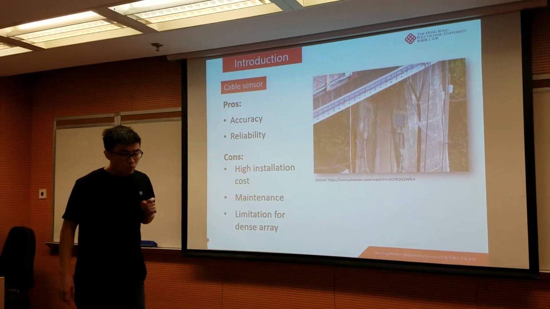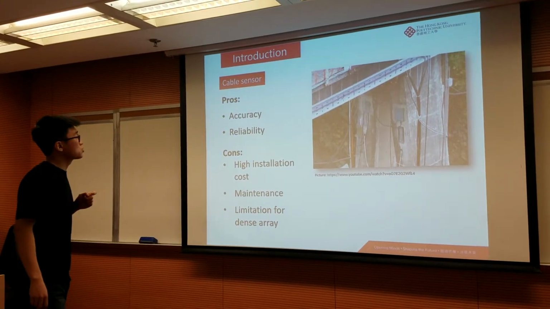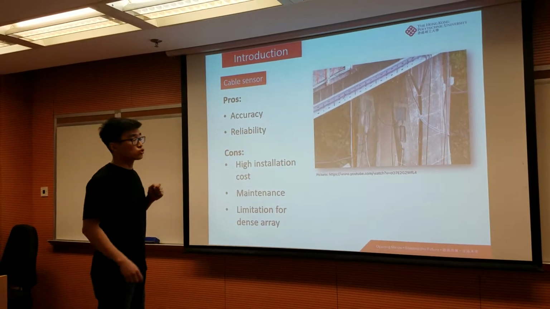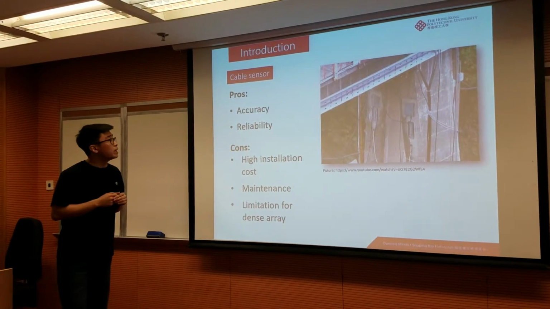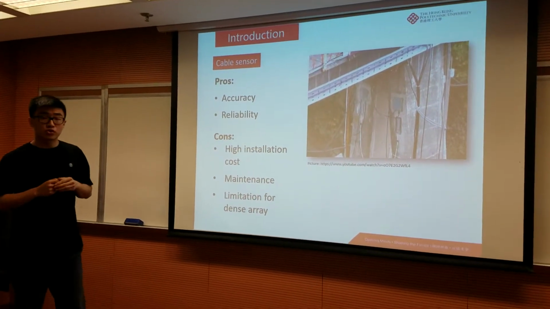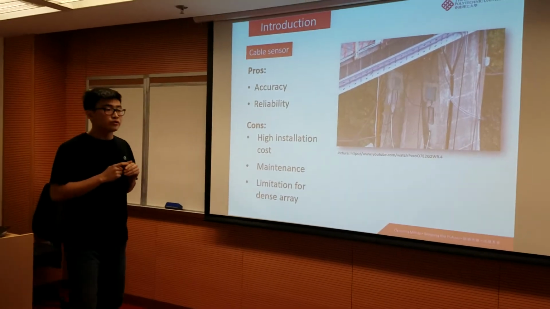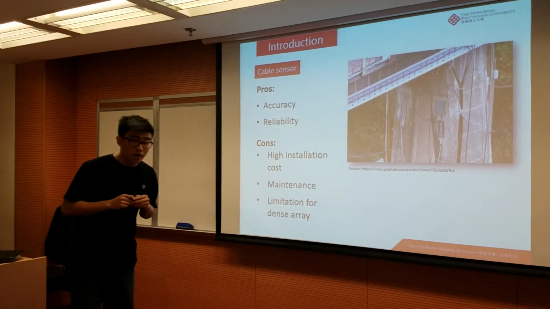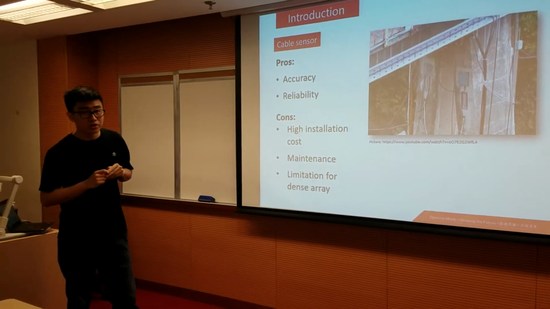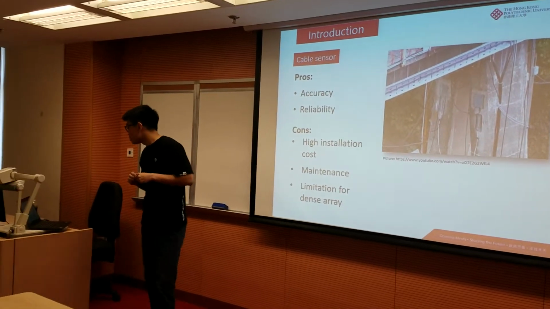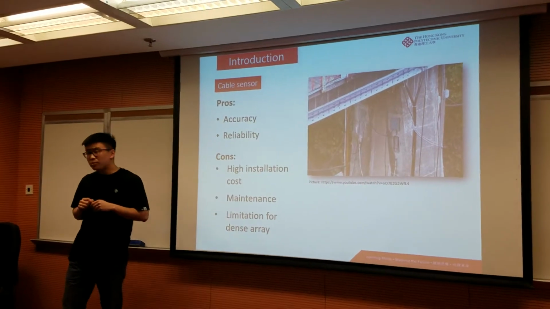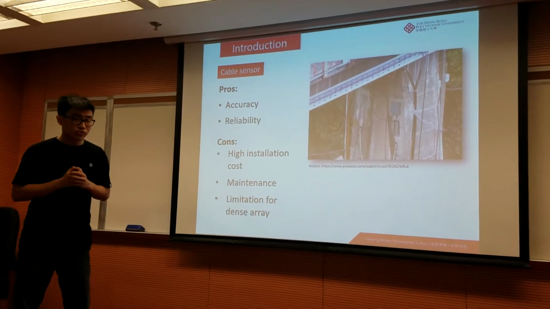So traditionally, we use cable sensors in our structural health monitoring system. There are many pros about cable sensors. For example, the accuracy of the cable sensor is quite high, and the reliability is also very high. But there are also some limitations about cable sensors.